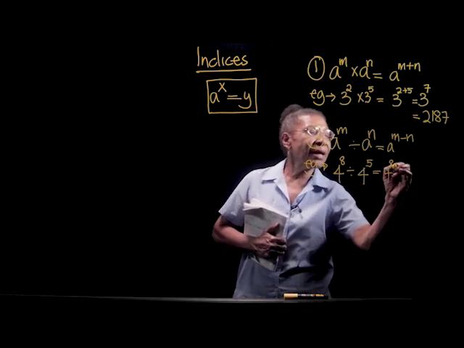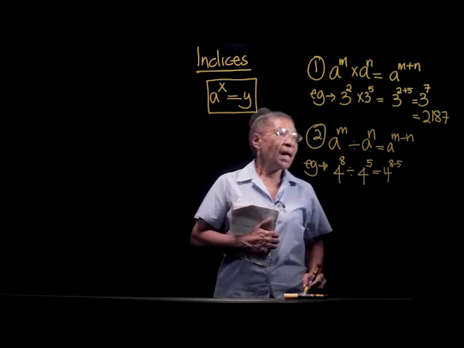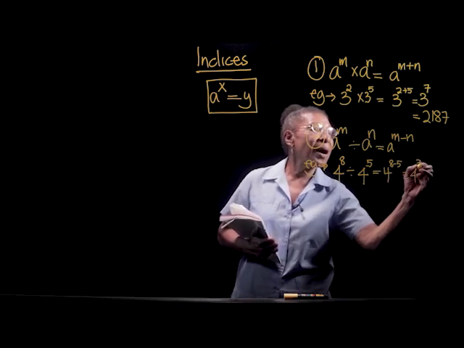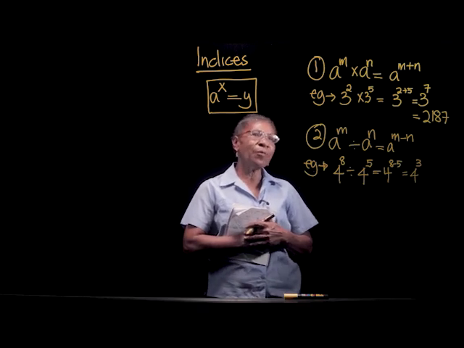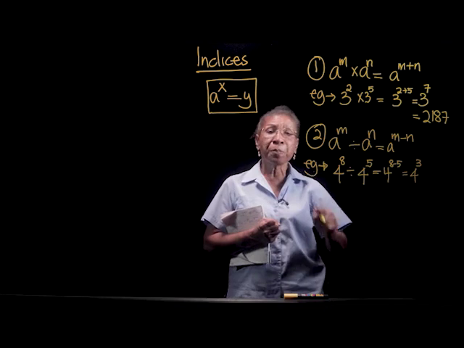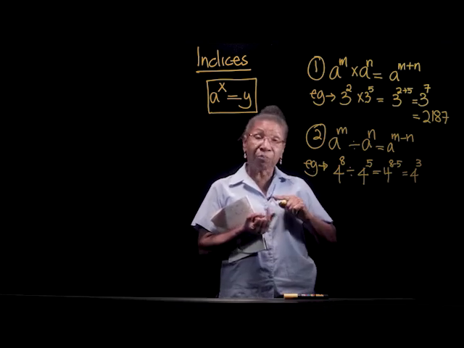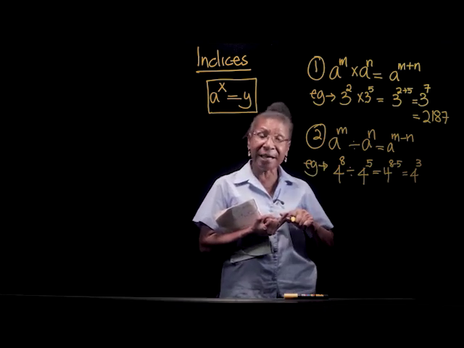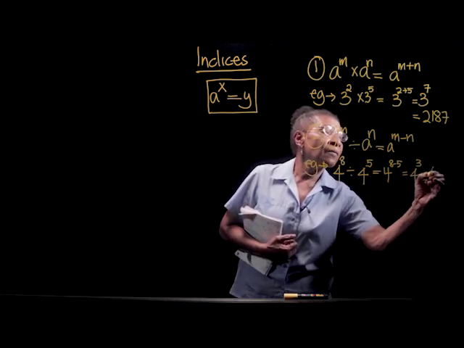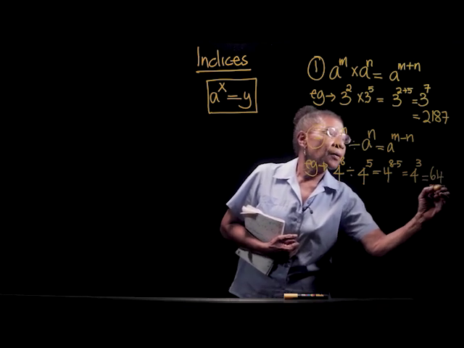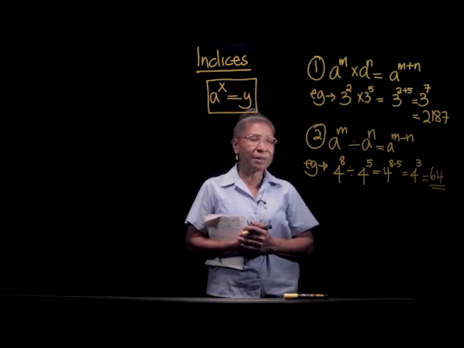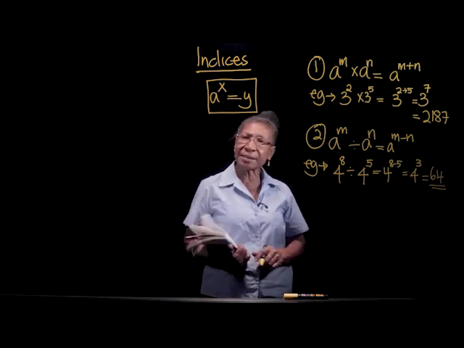So that would give me 8 subtracting 5, and that would give me 4 raised to the power of 3. What does that mean, 4 raised to the power of 3? It simply means you multiply the base 4 by itself 3 times. 4 times 4 is 16, and 16 times 4 gives me a product of 64. So that gives me rule number 2, or law number 2, I should say, of indices.